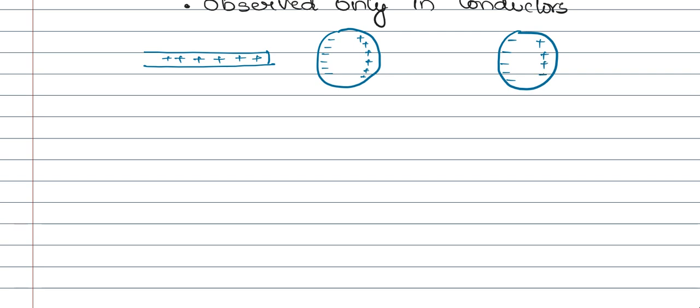If it is connected to ground, we call this grounding or earthing. As there is a deficiency of electrons, and Earth is a huge reservoir of charges, it will supply electrons so that it becomes a negatively charged sphere.